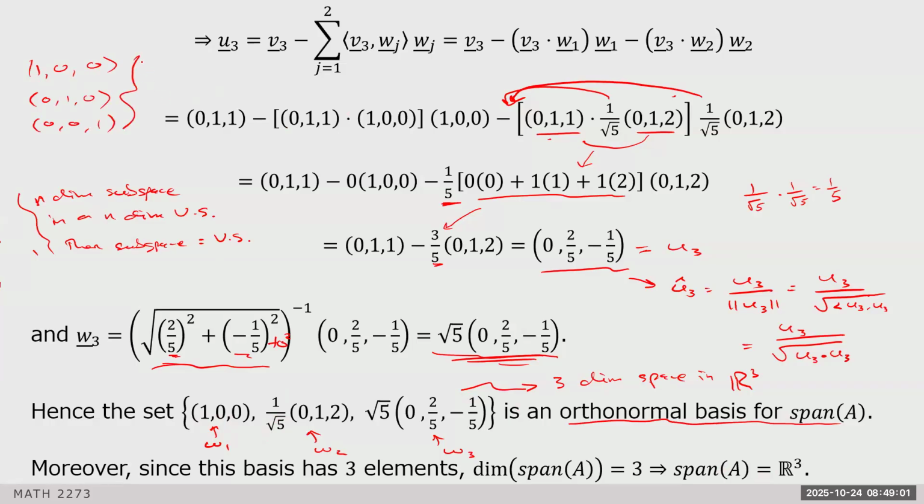These three vectors are all perpendicular to each other and they are all unit vectors. So this is an orthonormal basis for R cube. But what you see here is another orthonormal basis for R cube. So these orthonormal bases are not unique.